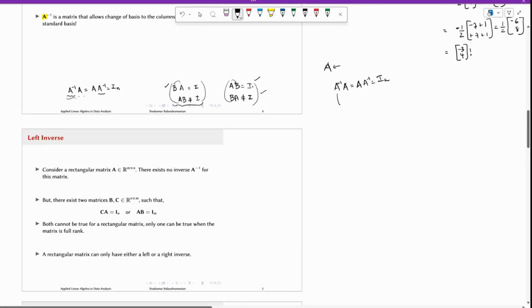And we said that the inverse actually corresponds to a basis change operation geometrically. Right? You can use A inverse to find the representation of a vector in a different basis. But which basis?